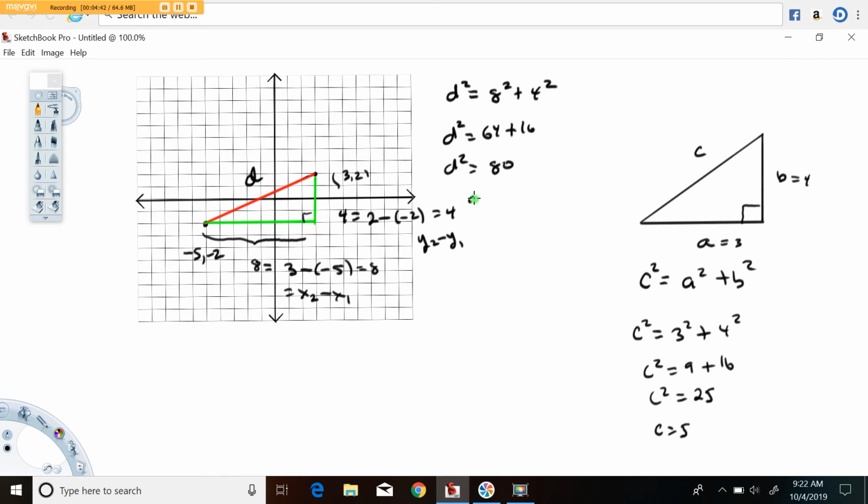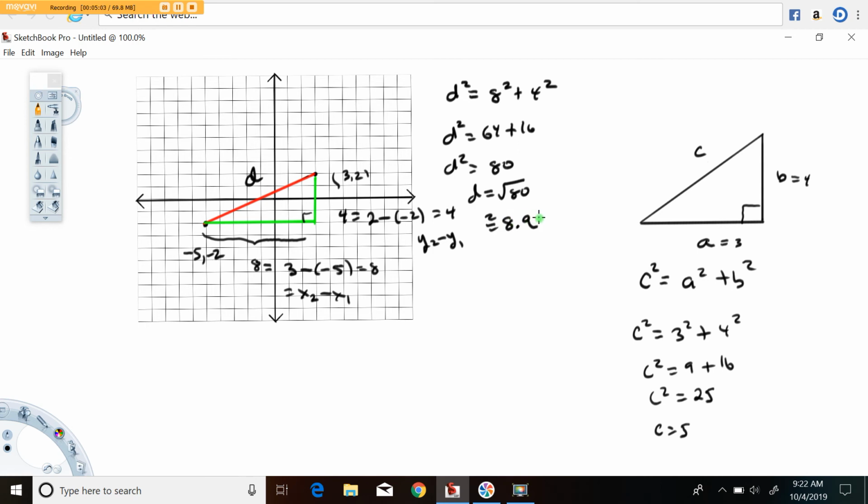And you square root both sides. So the distance there is the square root of 80, which is a decimal. Give me a moment, I'll calculate that. Looks like about 8.94. I'm just going to say approximately 8.9, and that's good enough in this example.